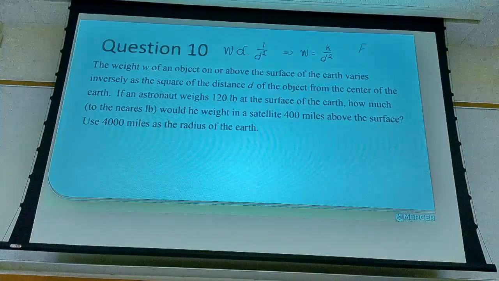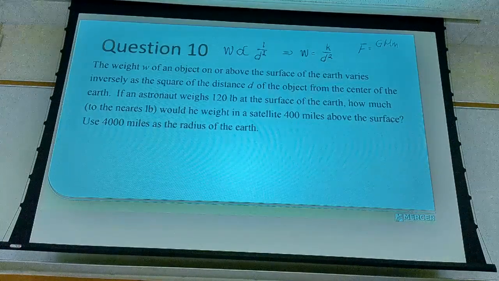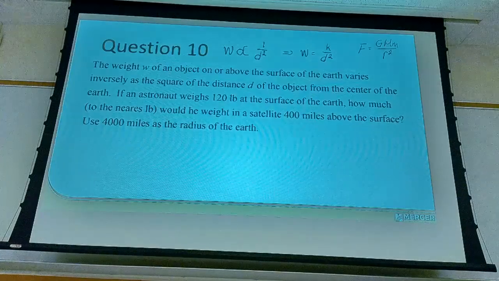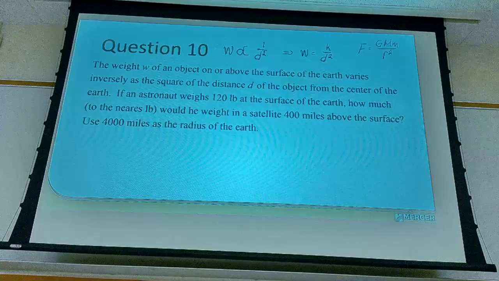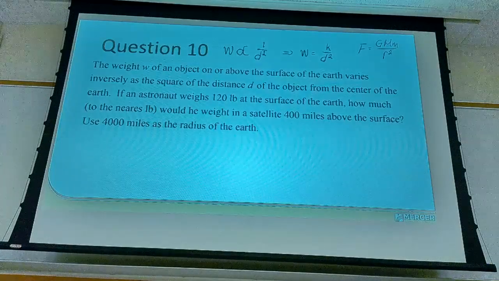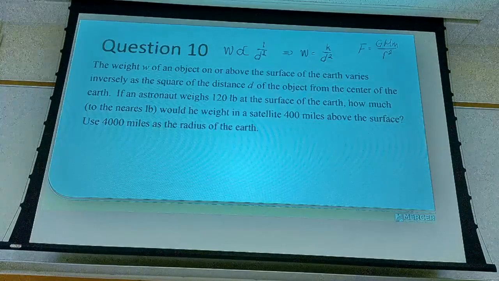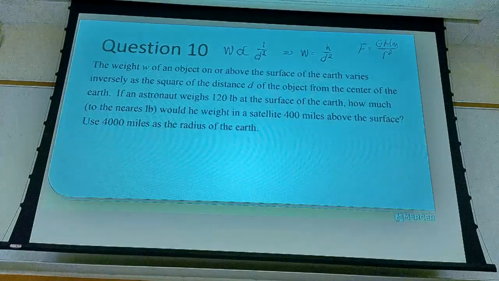This is Newton's law of gravity: G M m over r squared. G is the universal gravitational constant, which is actually really small. Big M is the mass of the larger object, little m is the mass of the smaller object, and r is the distance between them. So G would be 9.8? No, that's the acceleration due to gravity on Earth, little g. Big G is the universal gravitational constant.